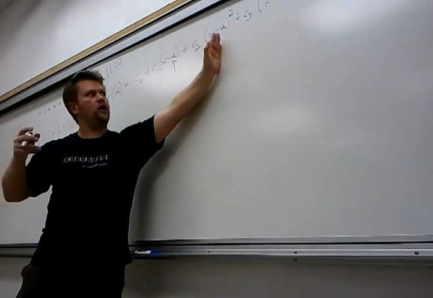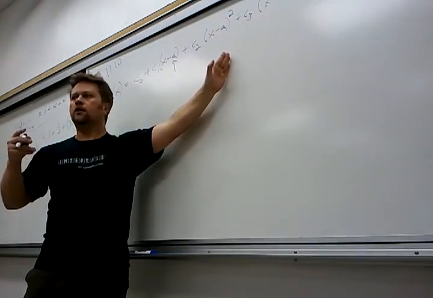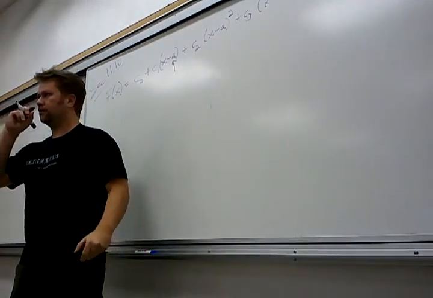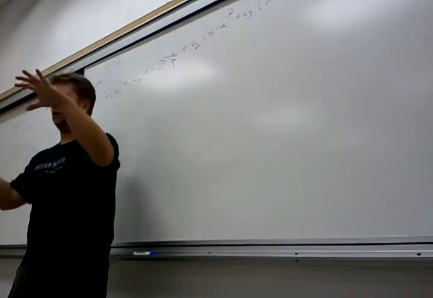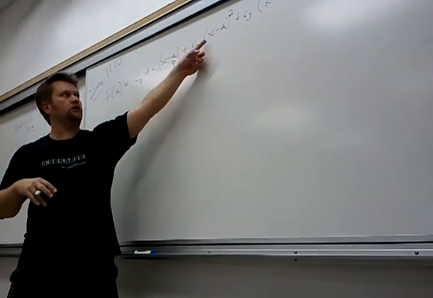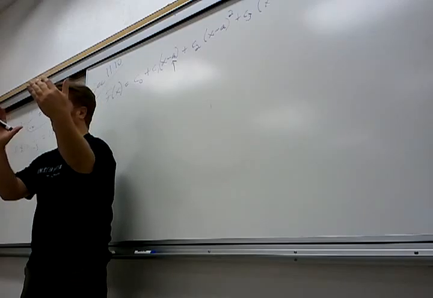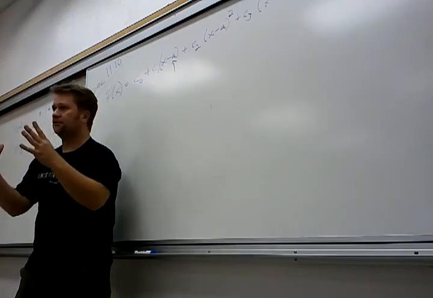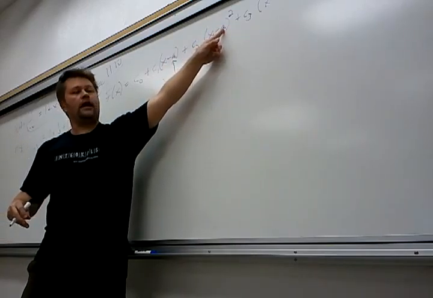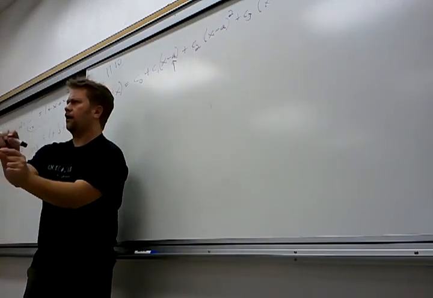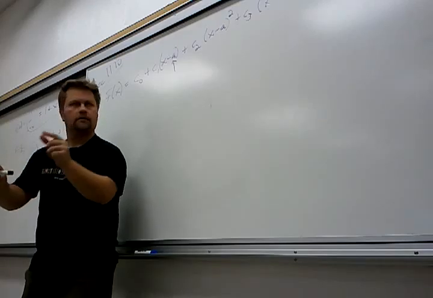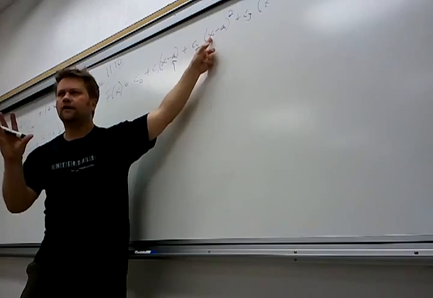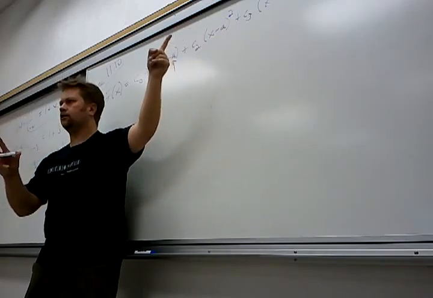If I stop somewhere, the idea is the closer my input is to a, the better it works. So I have those two things going. If I go to infinity, this works for any x that's in my interval of convergence. Do I want to go to infinity all the time? Hell no. So depending on what number I'm working around, that's what I can build this up around. For values of x close to a, this is going to work really well.